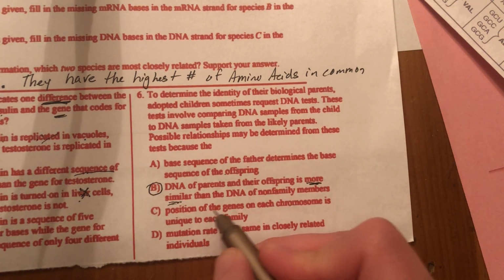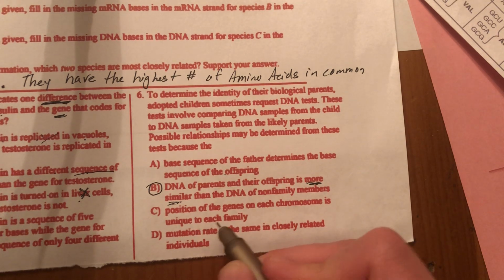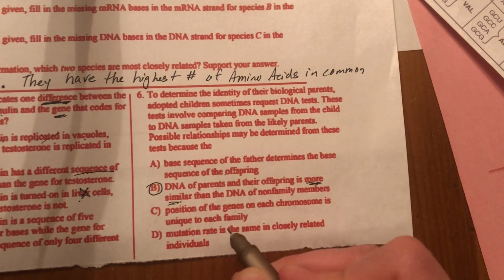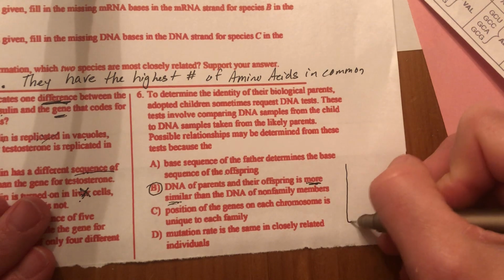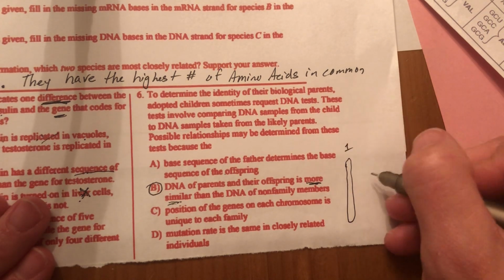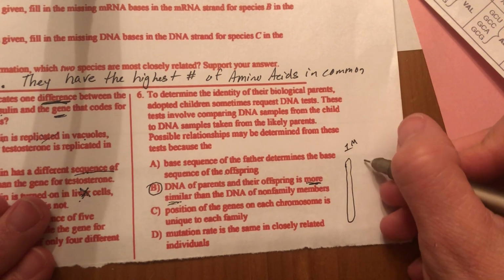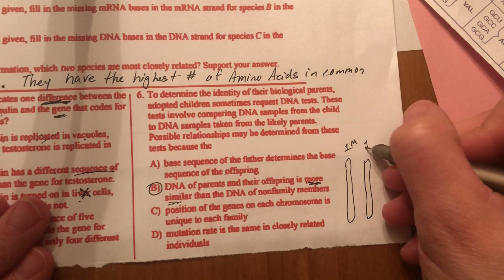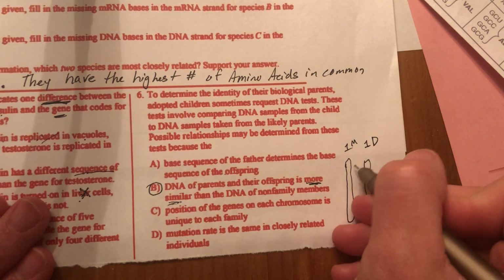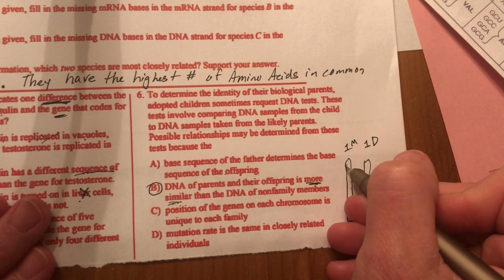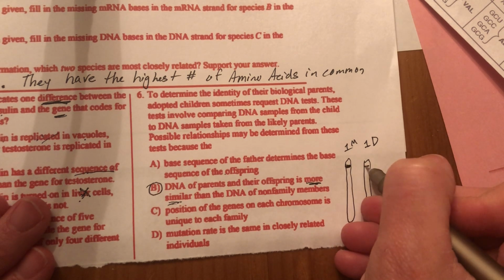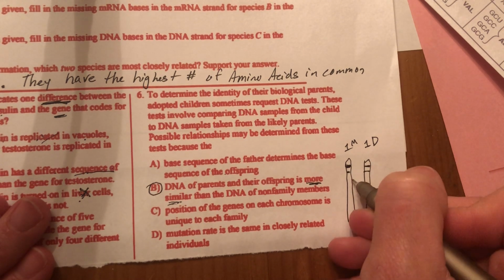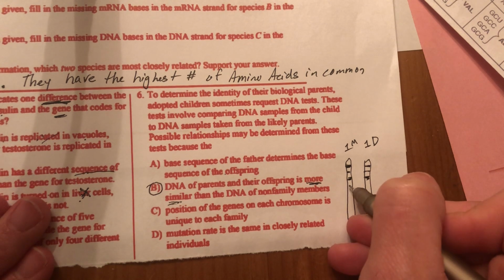Okay. Position of the genes on the chromosome is unique to each family member. No, it's not. Because if you look at a chromosome number, let's say this is number 1 from the mom, and this is number 1 from the dad, the position of the genes are identical. They're just not the same version of that gene, right?